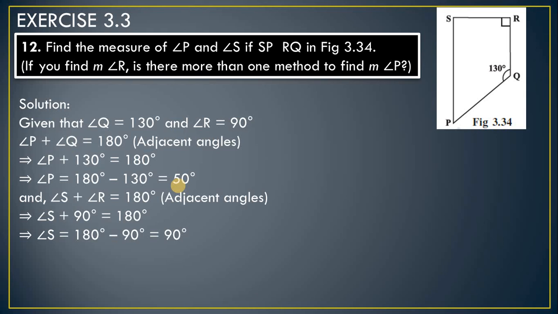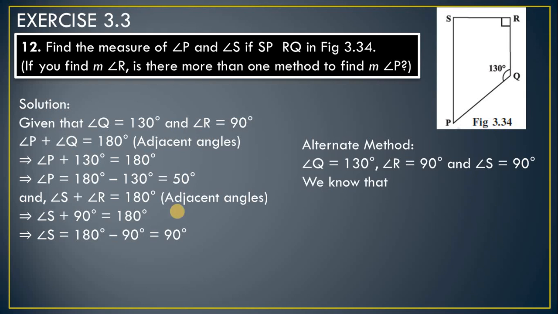There is also one more method for solving this. Q is given as 130, R is 90 degree, and S is 90 degree. Then apply the angle sum property of a quadrilateral, which is 360.